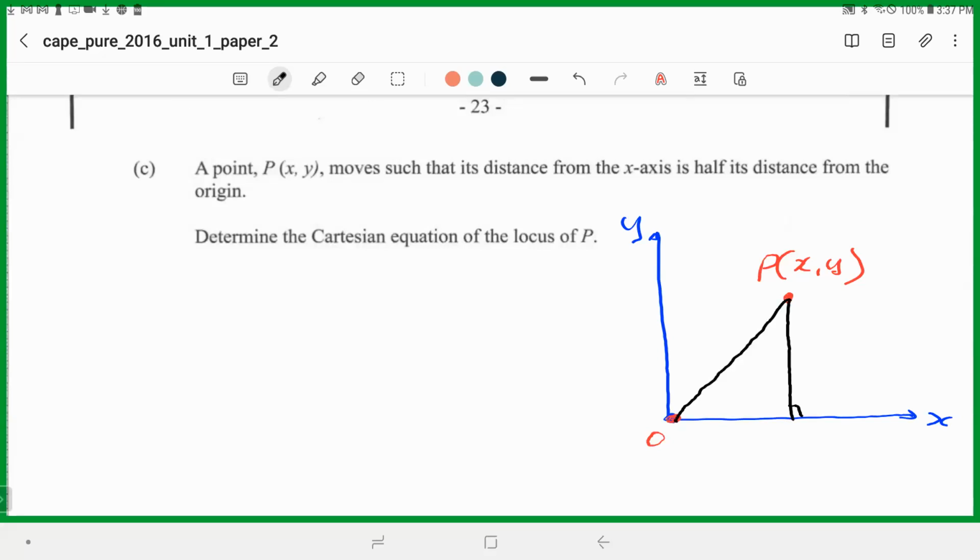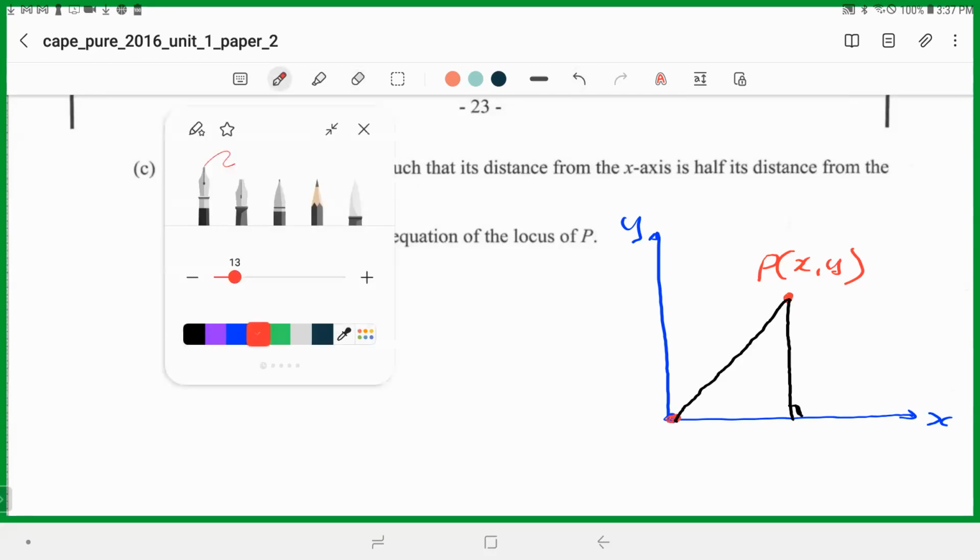The point moves such that its distance from the x-axis is half its distance from the origin. This is P already, and this is the origin O.